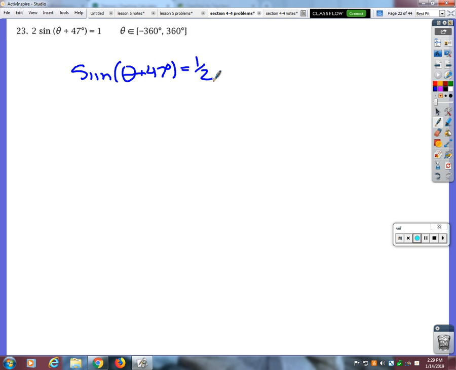We're dividing by 2. Okay, then what? Yep, then I have to get rid of the sine, so I'm going to do the inverse sine of both sides. So these cancel. So theta plus 470 equals, what's the inverse sine of 1/2?